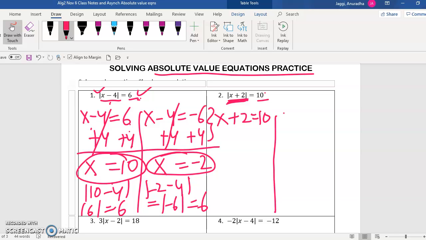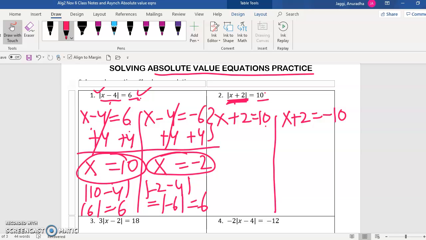And the next split is x plus 2, copy the inside as it is, but instead of 10, I put a minus 10, because the absolute value of negative 10 is also 10, and the absolute value of positive 10 is also 10. So x plus 2 could have been 10 or could have been negative 10.